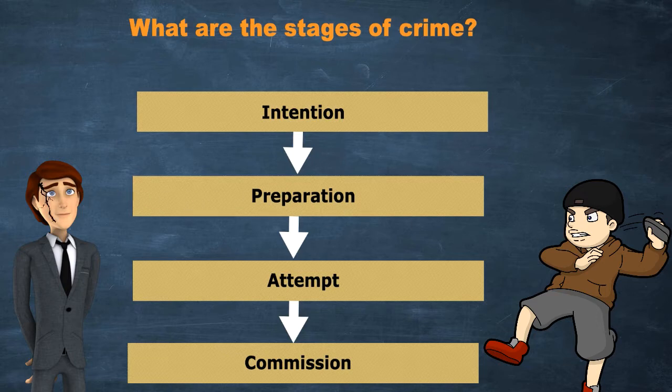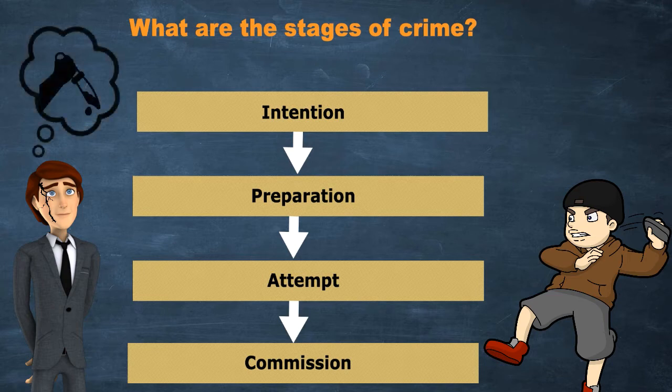And then A felt insulted because he was beaten publicly, and hence he thought to kill B. So now the intention to kill B developed.